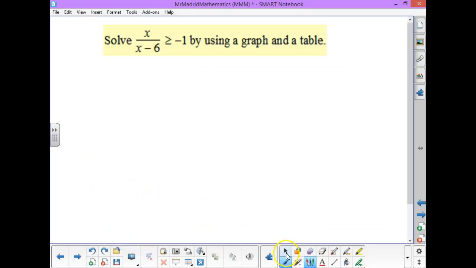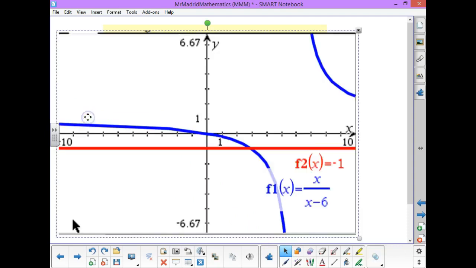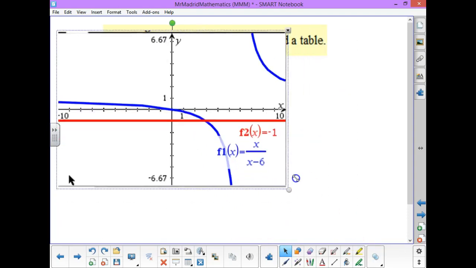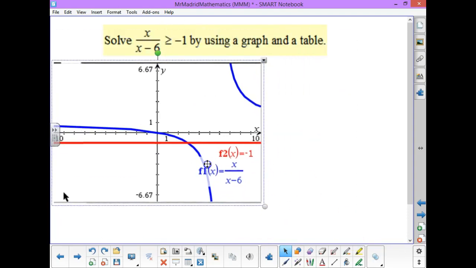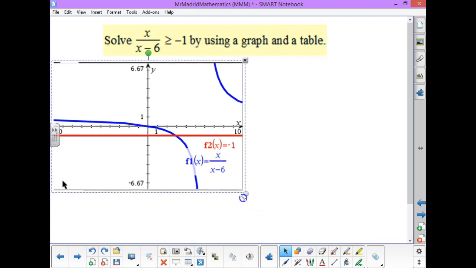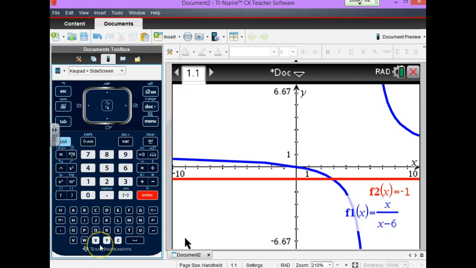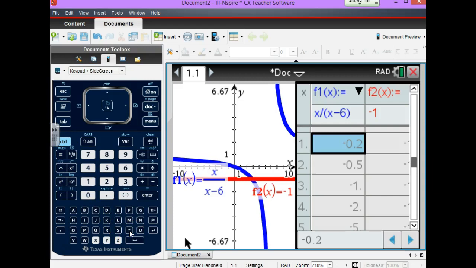I can make some comments here for you guys about the problem. And so use a graph and a table. Let's go back to the calculator. And we're going to go Control T to access that table. There's other methods, but I think that's one of the quicker ones.